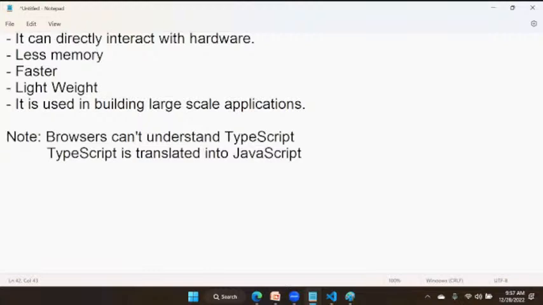For example, suppose our prime minister went to Russia and needs to speak to the Russian president. You may ask, both can speak in English because it is a universal language. But the Russian president will speak in Russian, and our prime minister will speak in Hindi. They will be translated, Hindi to Russian and Russian to Hindi.